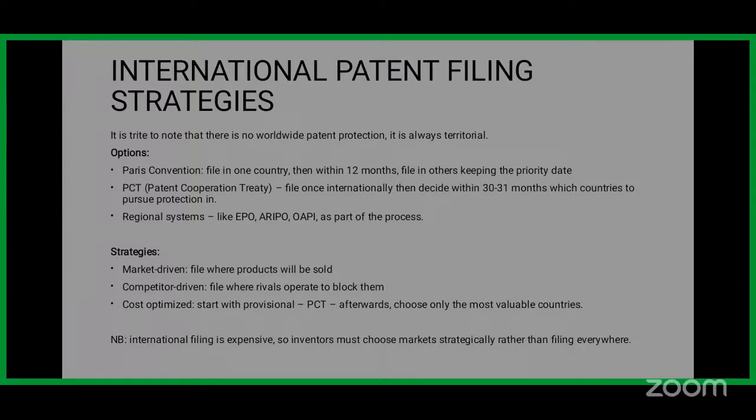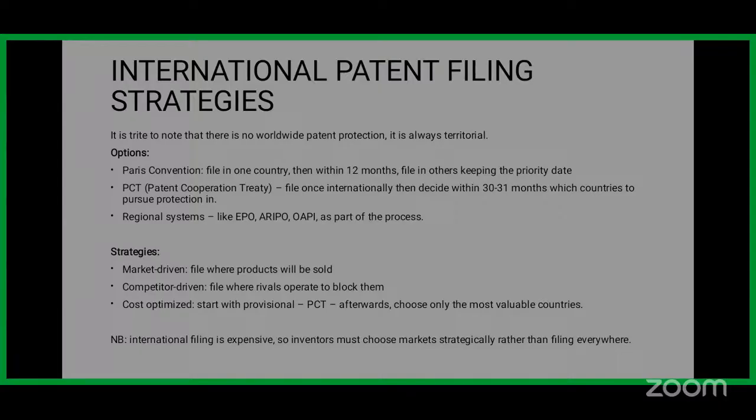Then also, some of the strategies under this international patent filing is that it helps you to file or designate in a market-driven country. Let's say you want to file your application in a country that has an available market, or a country that has competitors and the likes. It helps you to file in that particular country.